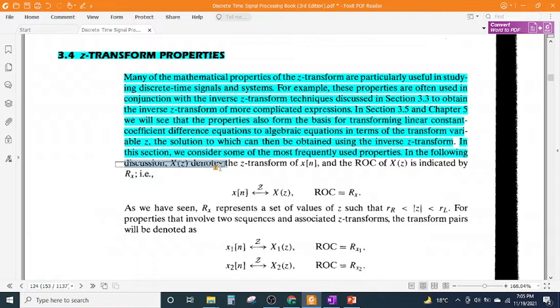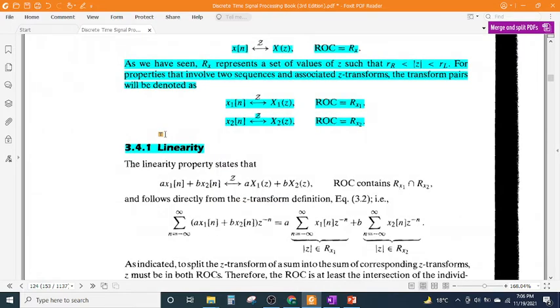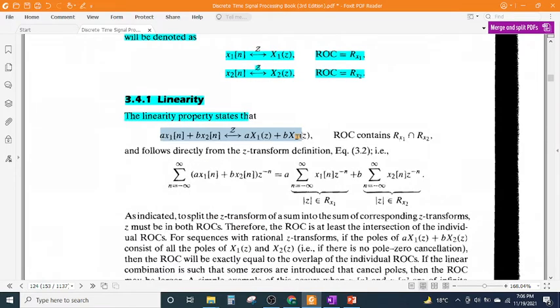3.4.1 Linearity. The linearity property states that a x1[n] plus b x2[n] corresponds to a X1(z) plus b X2(z), ROC contains Rx1 and Rx2, and follows directly from the Z-transform definition, Equation 3.2.